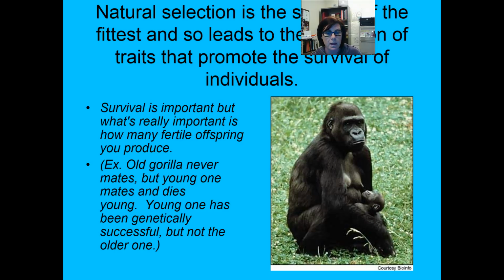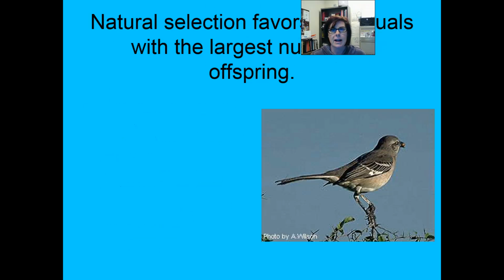So for example, an older gorilla that lives 15 years but never mated is going to be genetically dead because it doesn't have any of its genes in the next generation. But a gorilla that lives only 7 years and dies, but mated and had 5 offspring, has genes in the next generation.